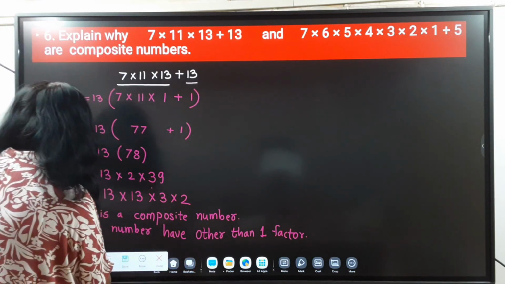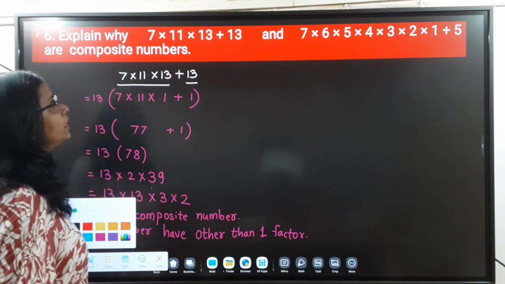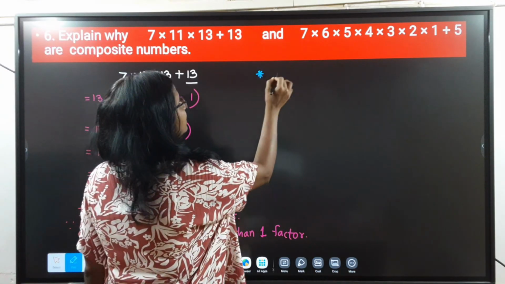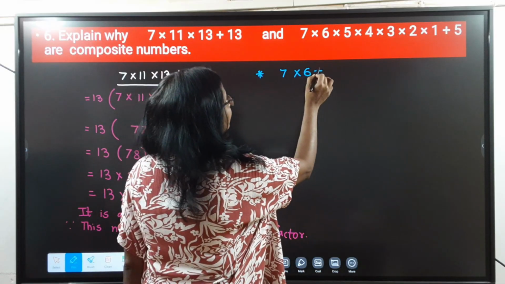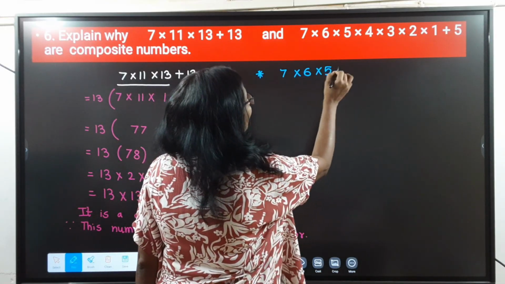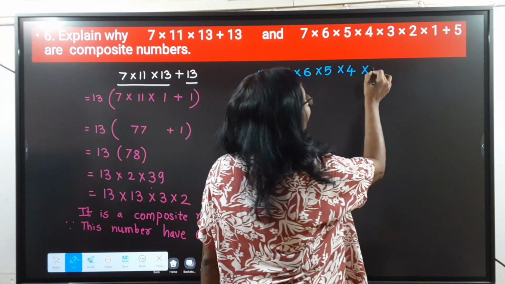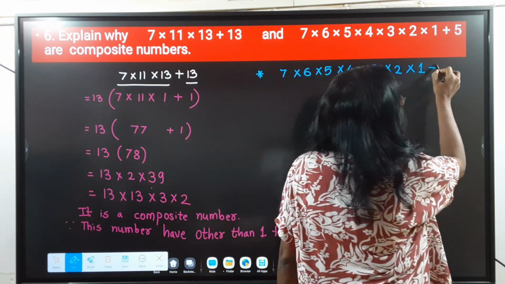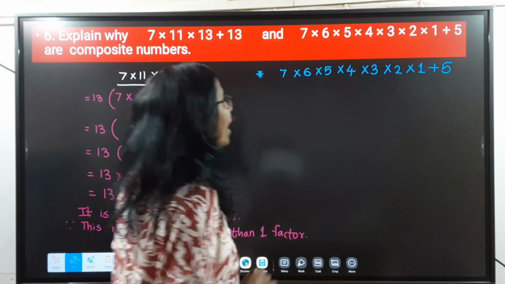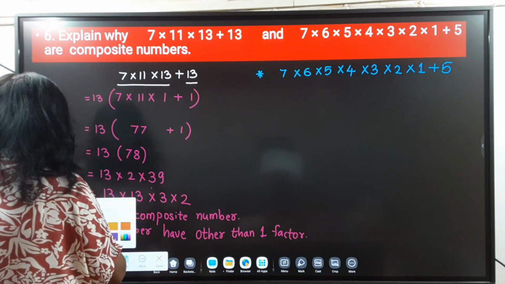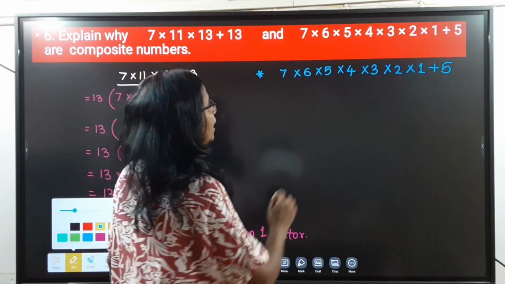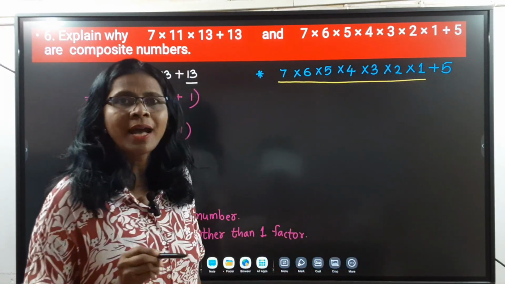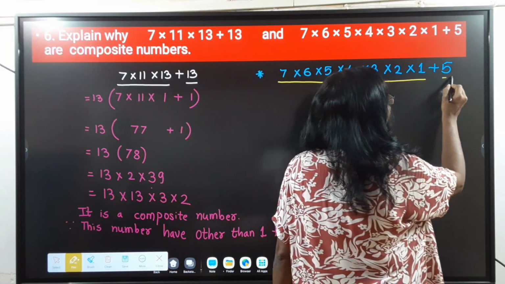Now let us see the second one, which is also a composite number. We check the second number: 7 multiplied by 6 multiplied by 5 multiplied by 4 multiplied by 3 multiplied by 2 multiplied by 1 plus 5. Observe carefully: these numbers are in product form and this 5 is in addition form.